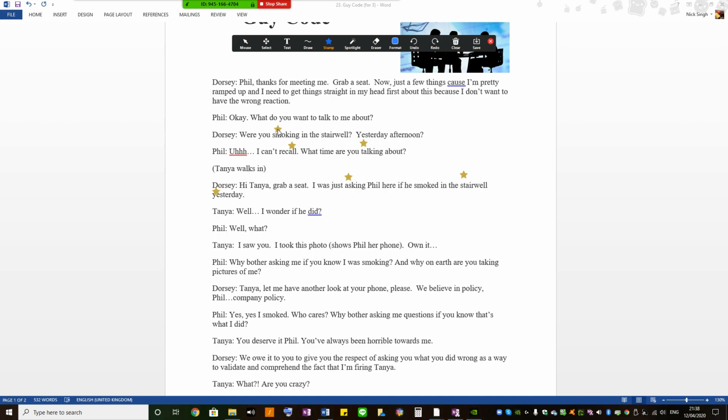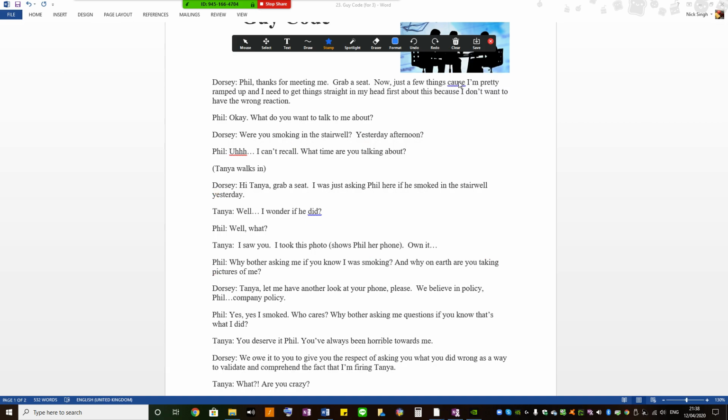Right? So then you can get your students to do it themselves, and they can use a different stamp. So maybe an X or something, or maybe a heart shape. Smoking, taking pictures, and stuff like that.